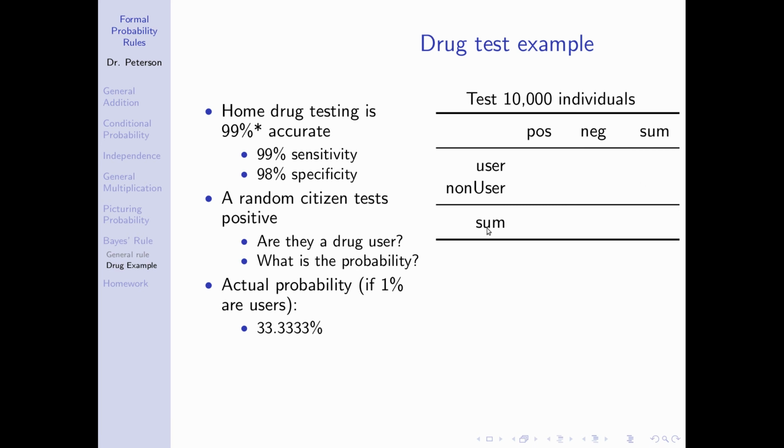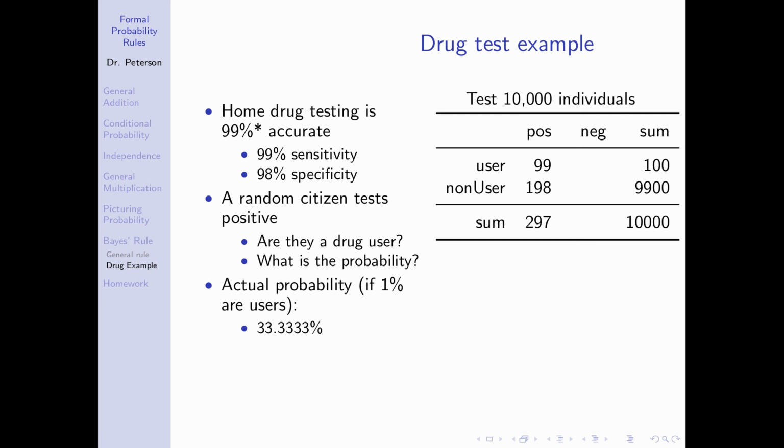We're going to be interested in those sums. So out of 10,000 people, if 1% are drug users, we're going to have 100 drug users in our sample. If we are 99% sensitive, that's going to be 99 positive tests. If we are 98% specific, that means 2% of our remaining 9,900 are going to test positive, which is 198.